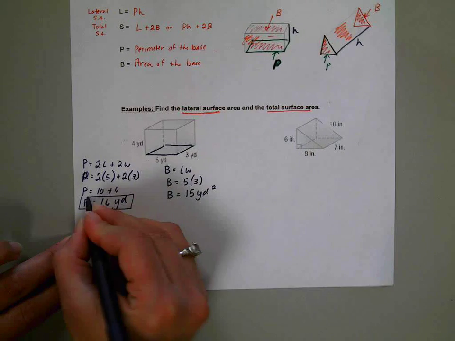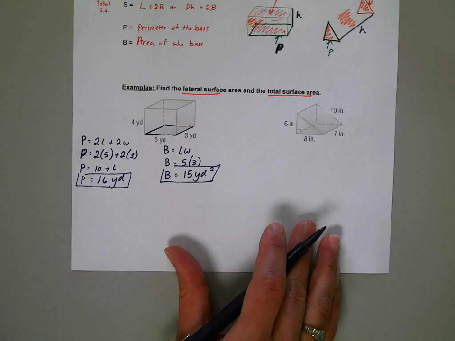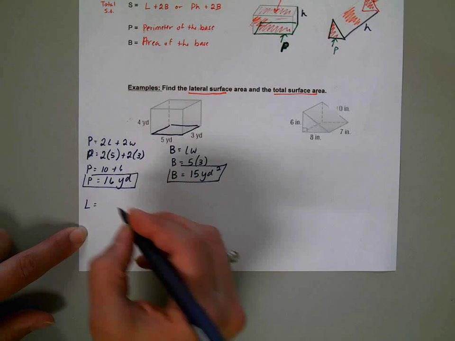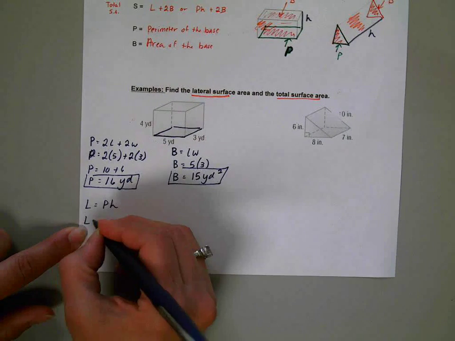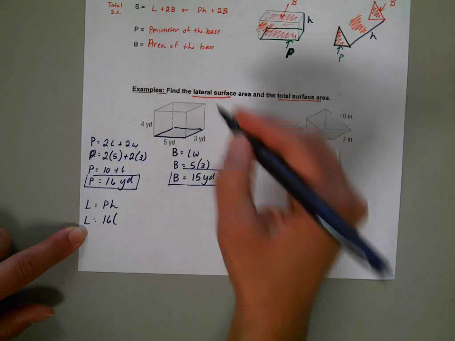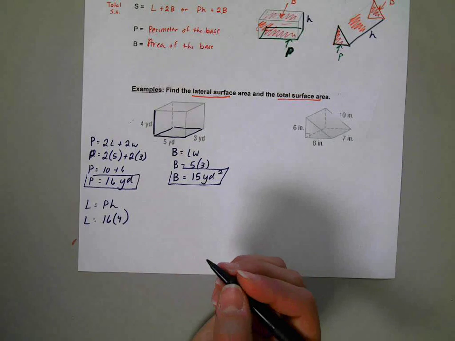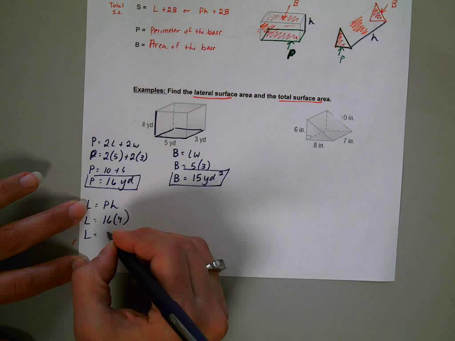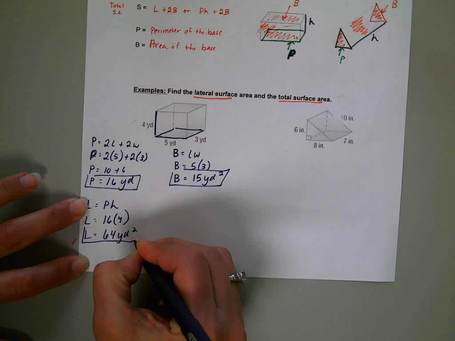So I have my perimeter and my base, and now I'm going to use those numbers to substitute into my lateral and my total surface area. Remember that lateral is perimeter times height. So L equals 16 times the height of my prism, which is 4. So 16 times 4 is 64 square yards. That's my lateral.